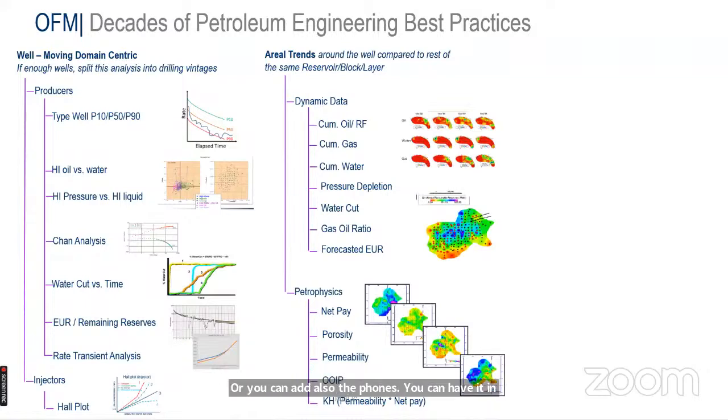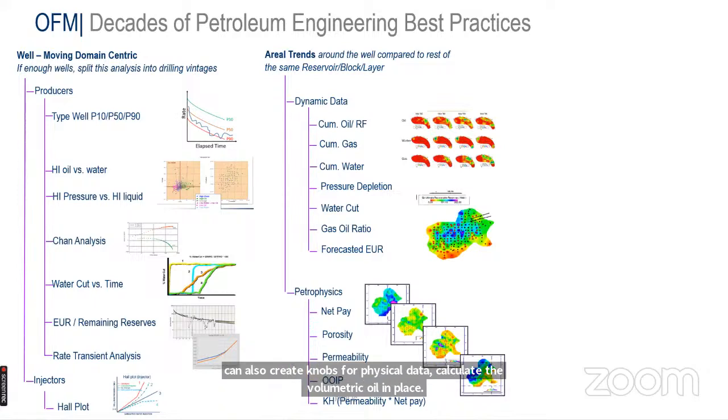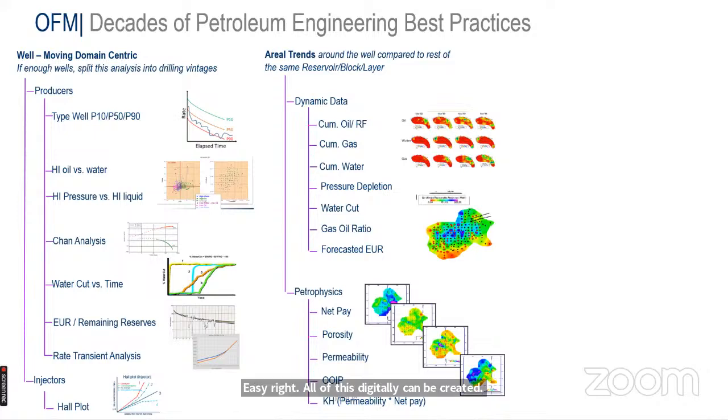You can also create maps for petrophysical data and calculate the volumetric oil in place easily, right? All of these can be created digitally using algorithms, exactly like Petrel. We have different algorithms, and you can easily exchange data between any simulator and OFM.